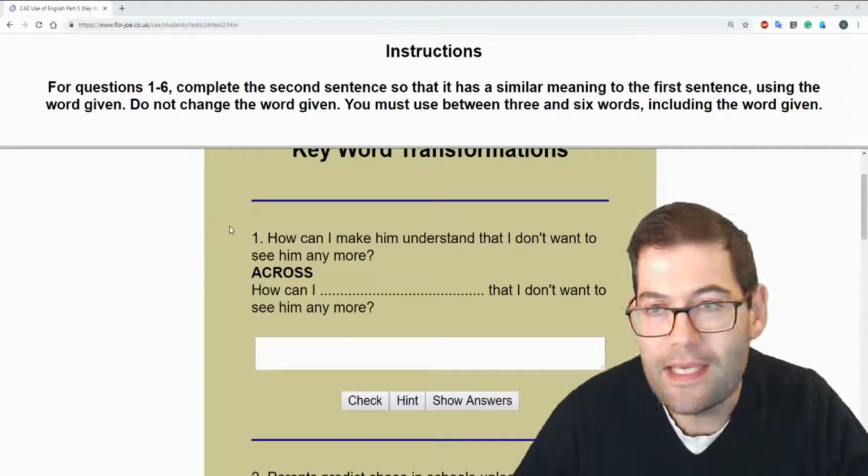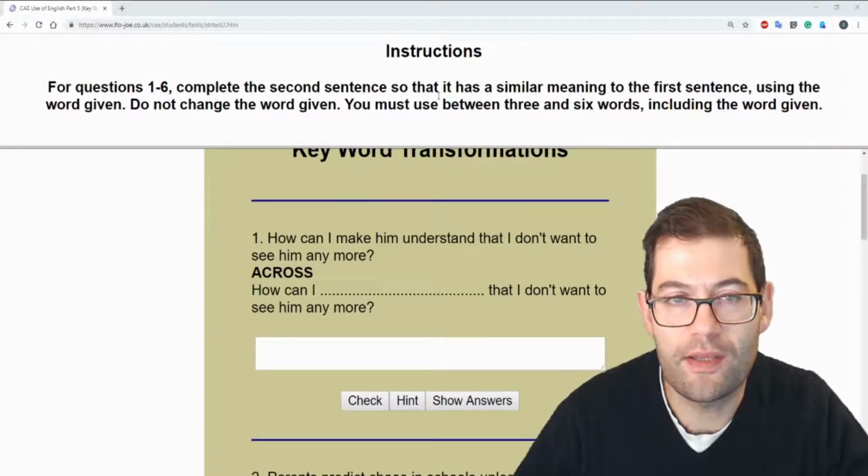So just before we begin, let's go through the instructions just so that there are no mistakes.